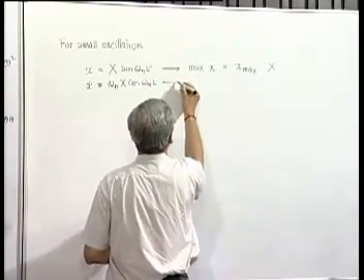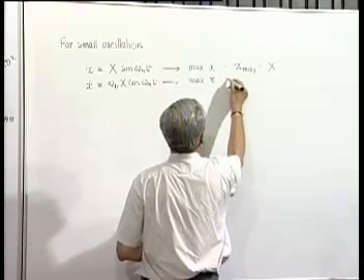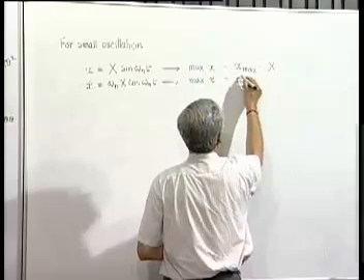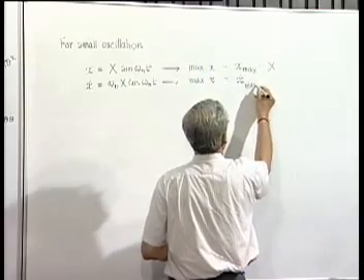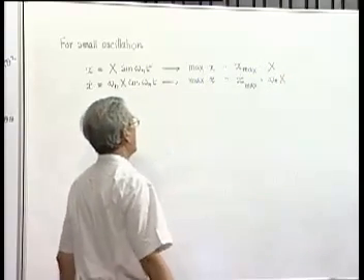Similarly, the maximum speed, or x dot max, is omega n times X.